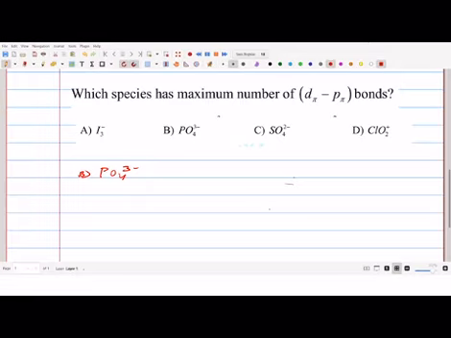If you see the structure of this ion, the central atom is phosphorus, atomic number 15.